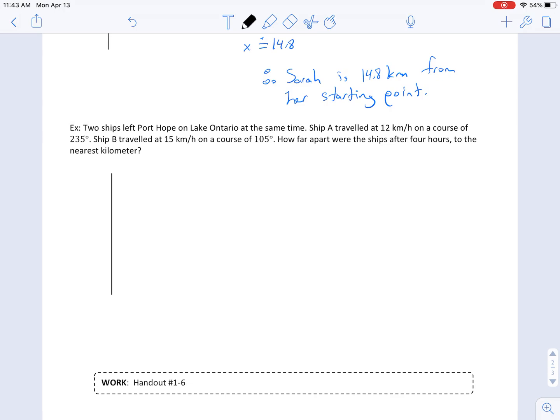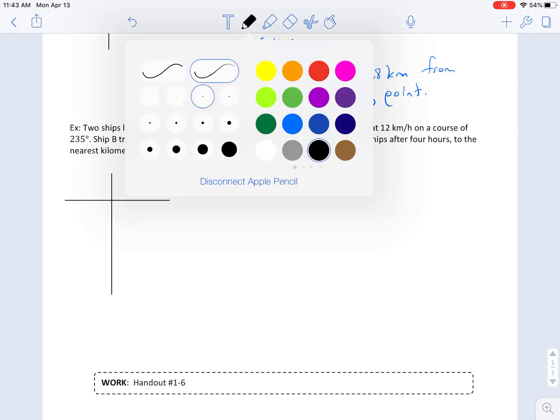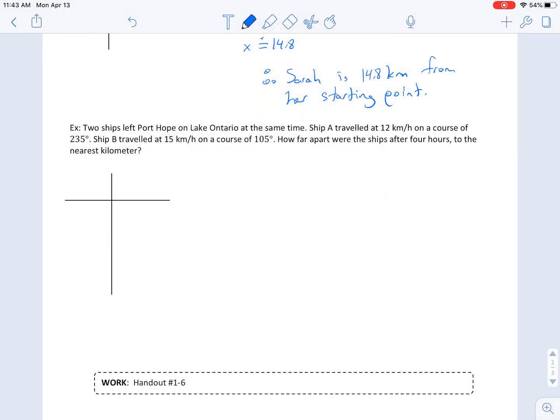Okay, so let's draw this or set it up. They're both going to be down below north, so they're both generally facing south. So I'm going to draw it like that. Sometimes you end up redrawing these things, but let's just start with the first one. Ship A traveled 12 kilometers an hour at 235.